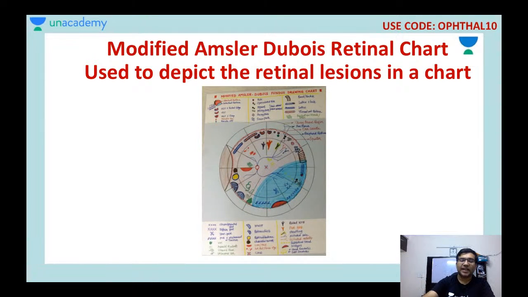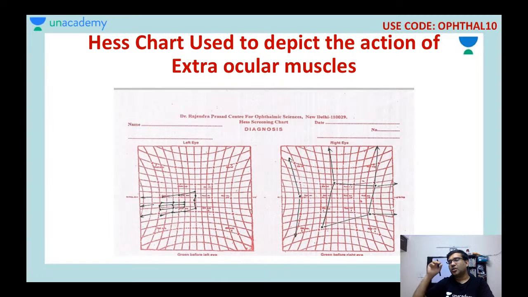With this, I come to my next option, that is the Hess chart. The Hess chart tells you about the various positions or actions of the various extraocular muscles. In this image, the actions of the extraocular muscles are seen.